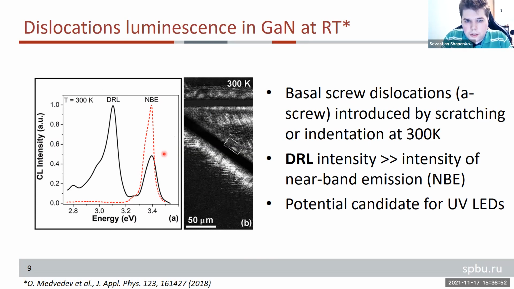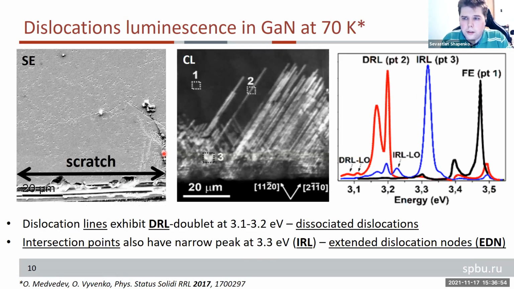If we study this luminescence at liquid nitrogen temperature, we can see that the peak that was on the previous slide, the dislocation-related luminescence peak, has a doublet fine structure with two peaks with different intensity. Also, for intersection points of dislocations, there is another emission, which was called intersection-related luminescence, with a single narrow peak.